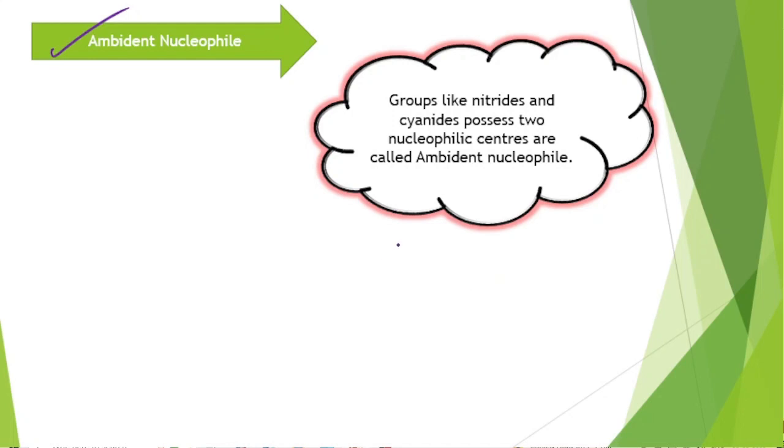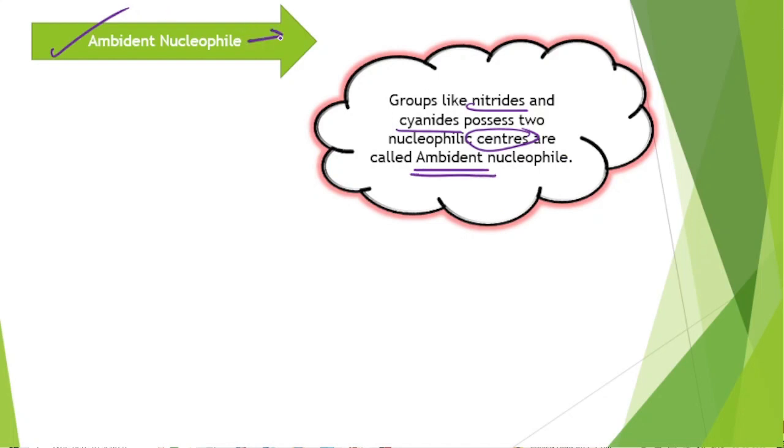We saw that in a nucleophilic substitution reaction, the already existing nucleophile is substituted by another nucleophile. But here, groups like nitrites and cyanides possess two nucleophilic centers. Whenever two nucleophilic centers are there, it is called an ambident nucleophile.